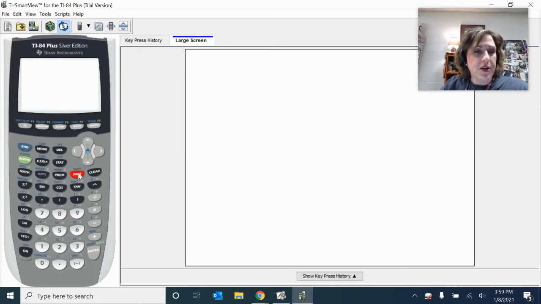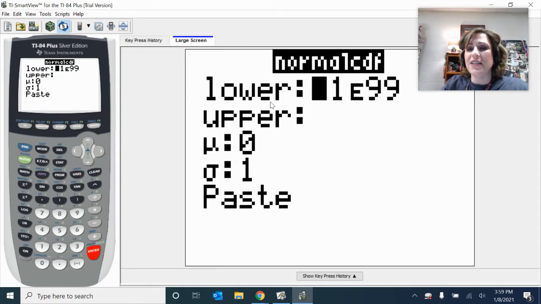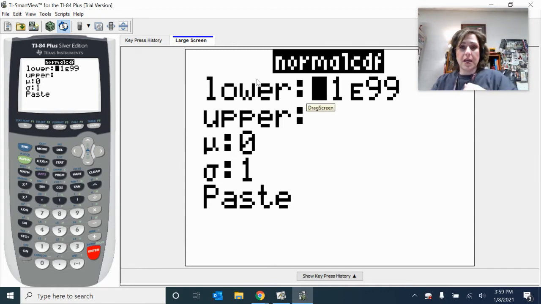Okay, so let me see here. If we have this one here, then we're going normal CDF. See, look here. We have this lower bound and upper bound, so it's a menu of items: lower bound, upper bound. The mean is 0, standard deviation 1. Always leave this mean as 0 and this standard deviation as 1, because we standardize with a z-score, and so we're not going to use this feature of the mean and standard deviation on this menu.